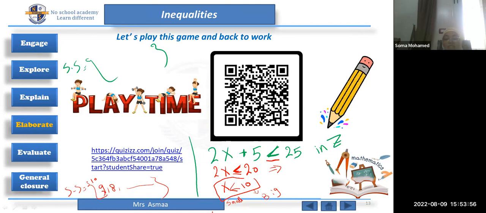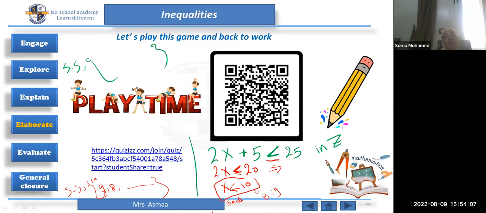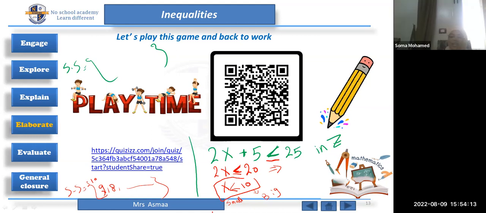So the solution set equals 10, 9, 8. Yes, super. Start from 10. If I have an equal sign, I would start from 10. If I don't have an equal sign, I cancel 10 and put the number before 10. Clear?